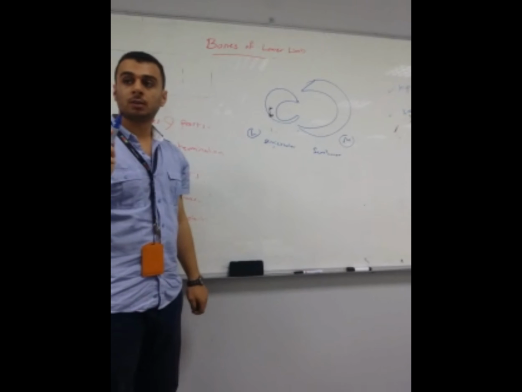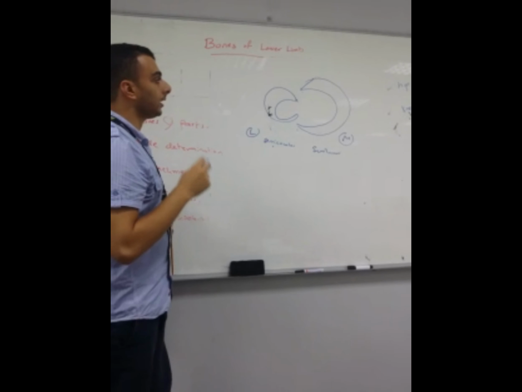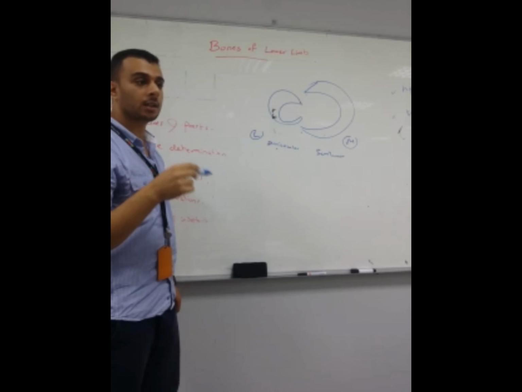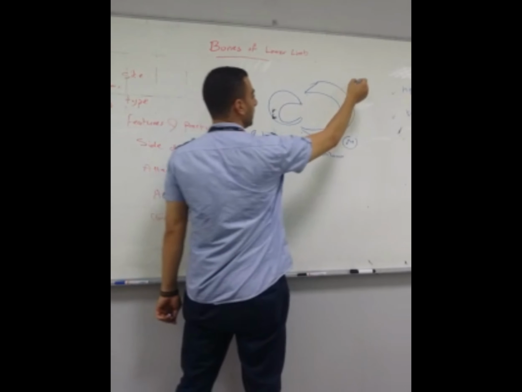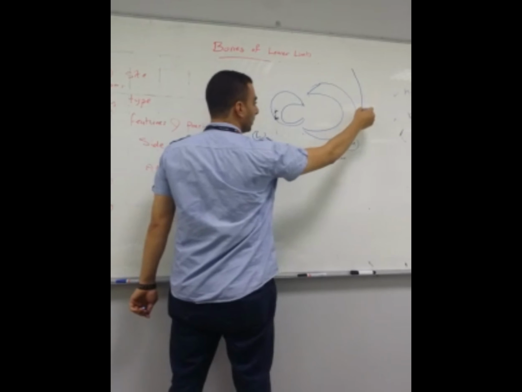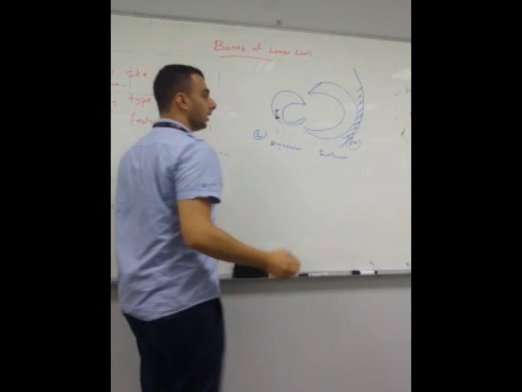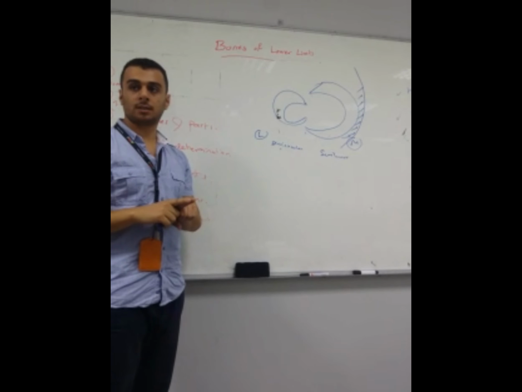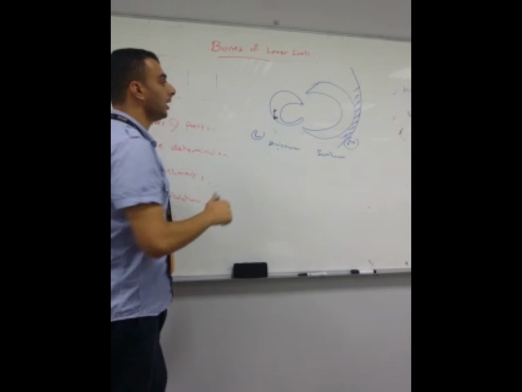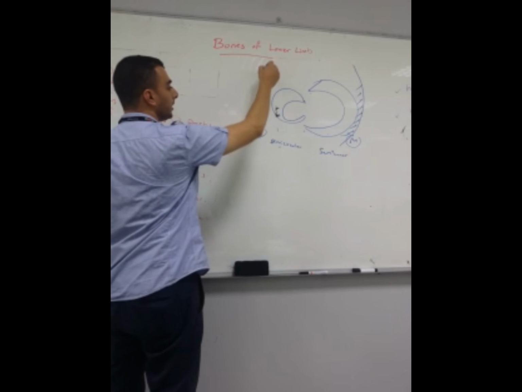The most important difference will be the attachment of the medial collateral ligament to the medial meniscus. The medial collateral ligament, which comes from the tibia to attach to the tibia, will be fused with the medial meniscus. But the lateral, no, they will be separated.